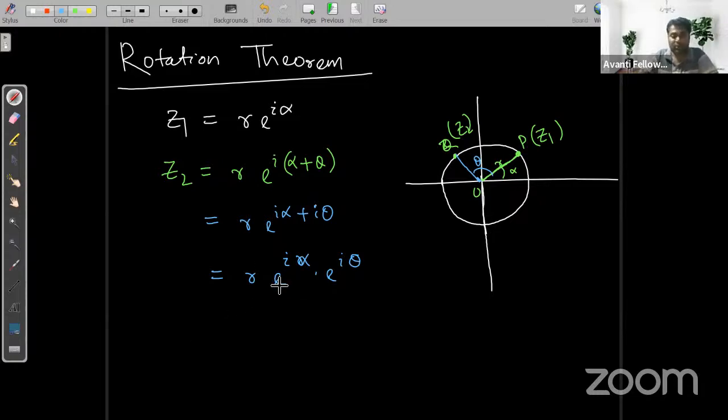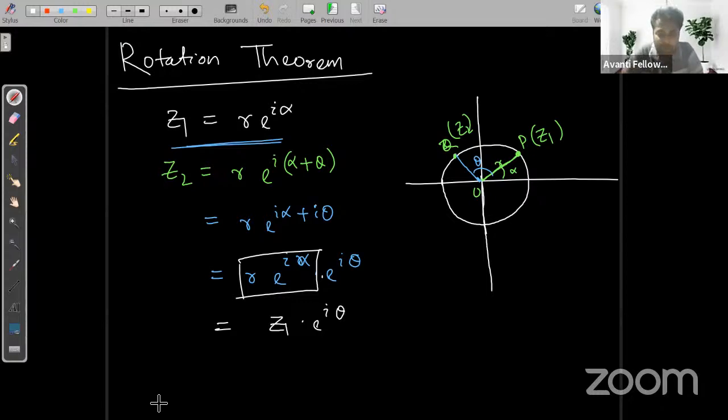So what are you getting here? We already have taken Z1 equal to R into e to the power I alpha. So this is my Z1 or not? Yes. So we can write this as Z1 into e to the power I theta. The conclusion is, when we multiply e to the power I theta, of any angle, with a complex number, the complex number moves by that theta angle from the previous complex number.